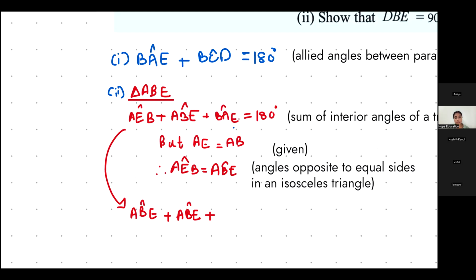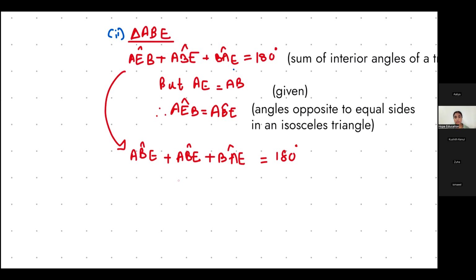BAE equals 180. Now ABE plus ABE means 2ABE equals 180. This BAE, when you bring it to the other side, it becomes minus BAE.